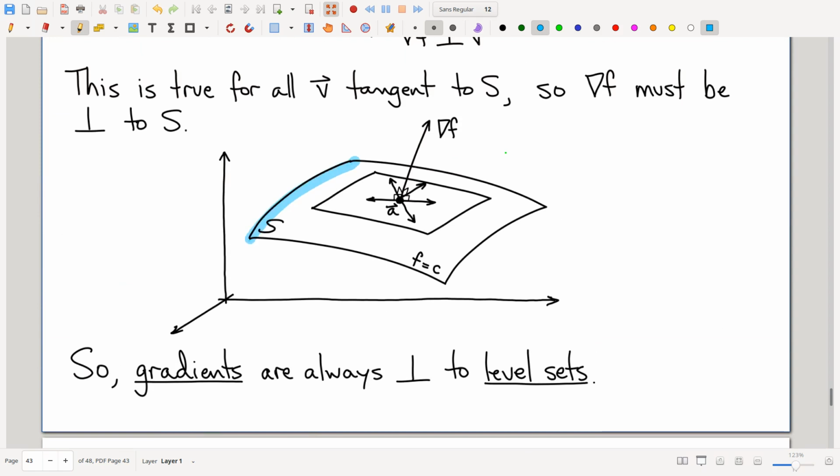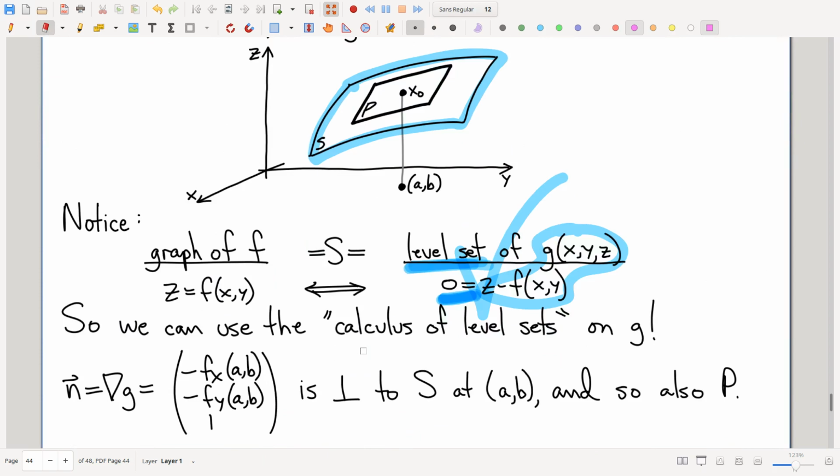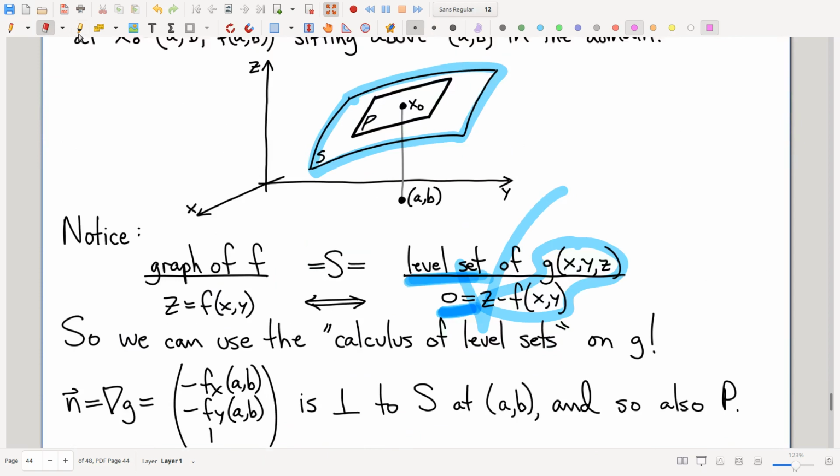Whenever you're looking at a level set, you want to find a vector perpendicular to that level set. Cool, gradient. Nothing to it. Okay, great. Well, let's do that. Again, forgetting about all this graph stuff, we're looking at a level set of g. I compute the gradient. Easy calculation. That gives me a vector perpendicular to my level set.